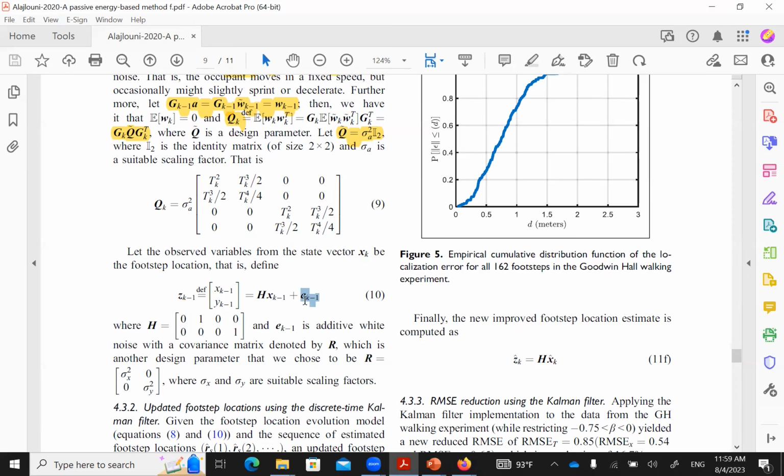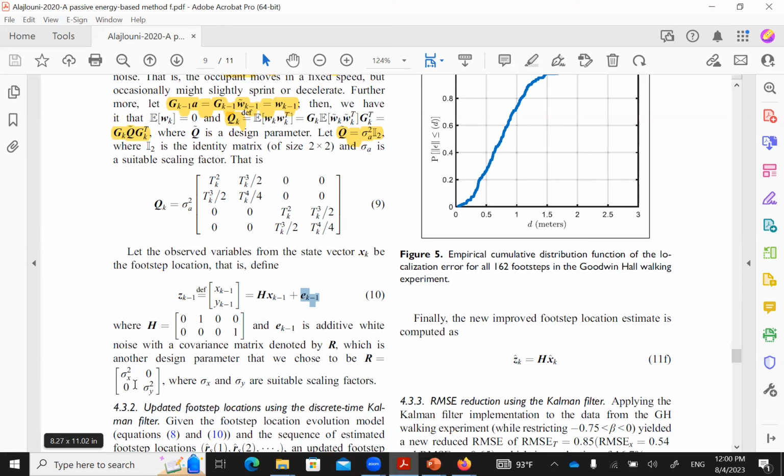Anyways, we have to assume that this noise is zero mean, white noise, and we have to come up with its covariance. We're going to assume that the covariance is some diagonal element.